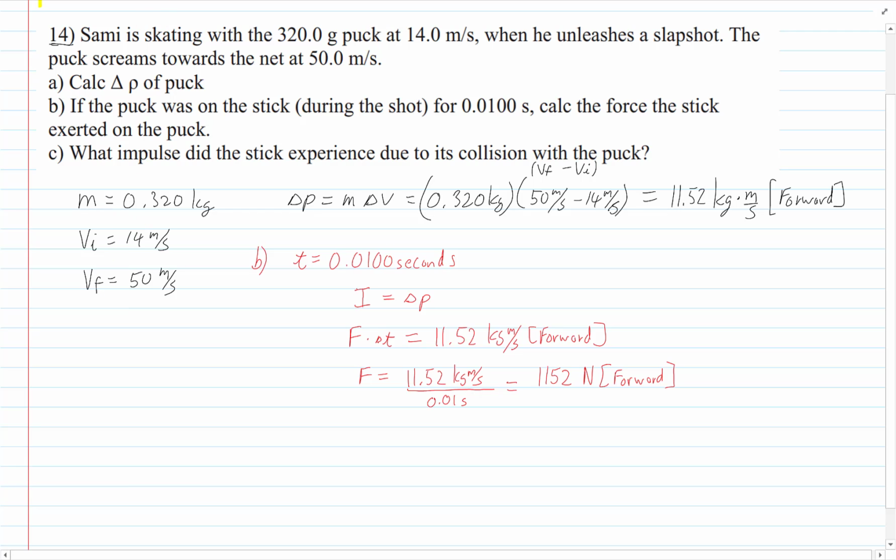Then C, here we go. Here's the concept and the practice. What impulse did the stick experience due to its collision with the puck? So we're now asking, what is the impulse on the stick? Well, the stick came down, there's the stick, and it hit the puck.